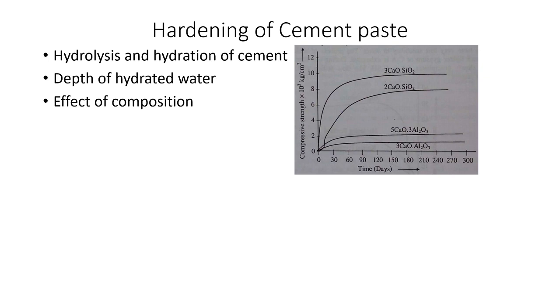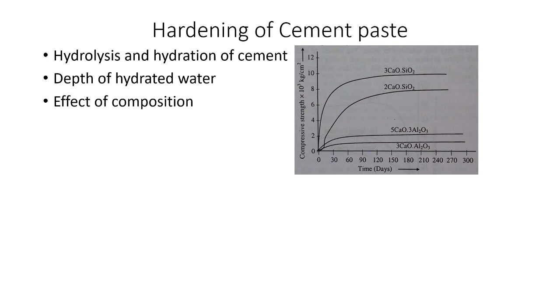So magnesium oxide decreases the strength of cement. Increase in C3A and C4AF content lowers the resistance of concrete. The presence of a small amount of phosphorus pentoxide in clinker reduces the strength of cement.